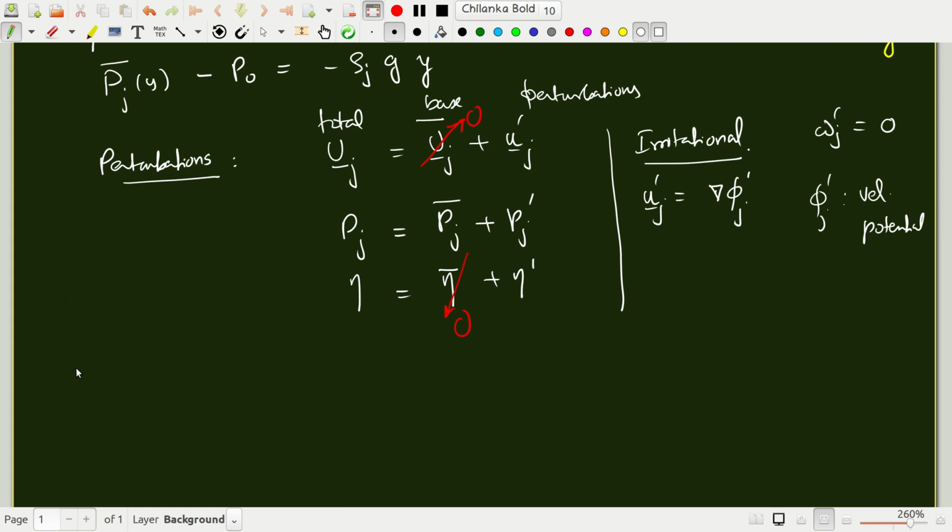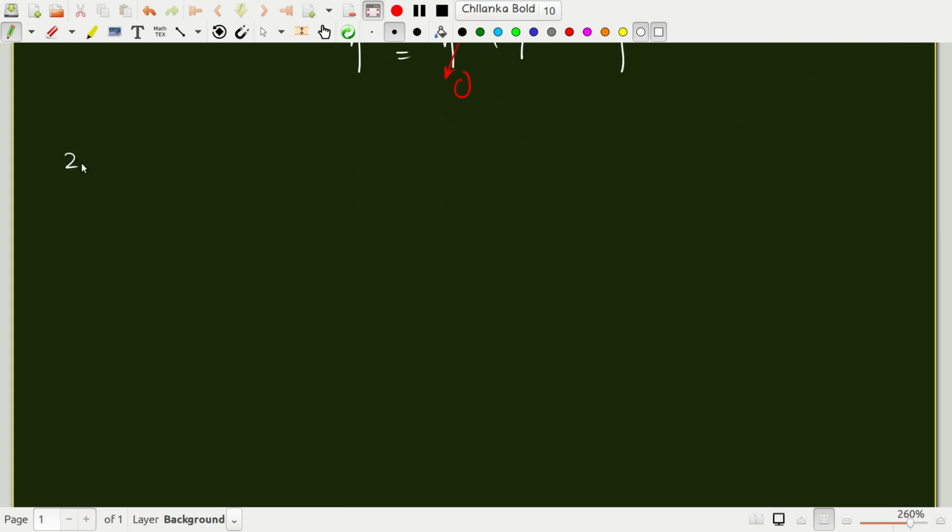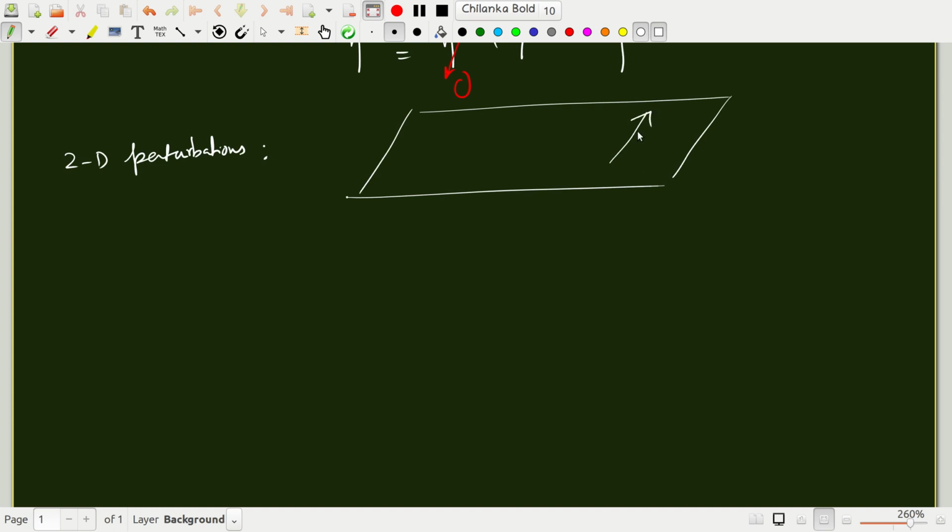Now I'm going to assume only two-dimensional perturbations. What do I mean by this? Suppose I have an interface. There is also the direction into the screen. I'm not going to worry about variations in that direction. So I'm going to assume that this is very large in extent that it doesn't matter whether you consider it or not. So you're only going to worry about flow in the xy plane.